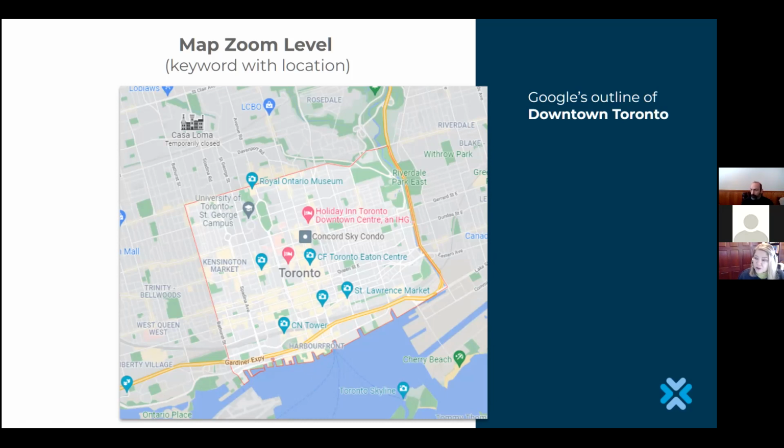Here's a related question. Katrina asked, what happens if you're a global company, so wanting to do further reach? Global, I mean, this is local, right? We're talking about local.